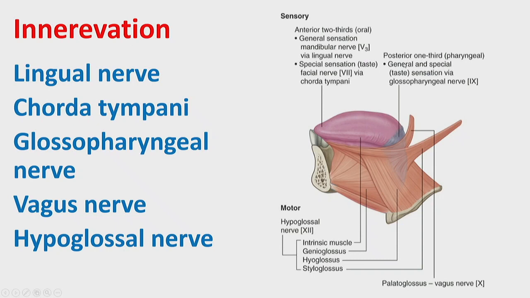But be careful, general sensation innervation and special or taste innervation for the posterior third stay the same, the glossopharyngeal nerve. And as I will show you in the next slide, only the central portion of the root of the tongue at the back is a small area innervated by the vagus nerve.